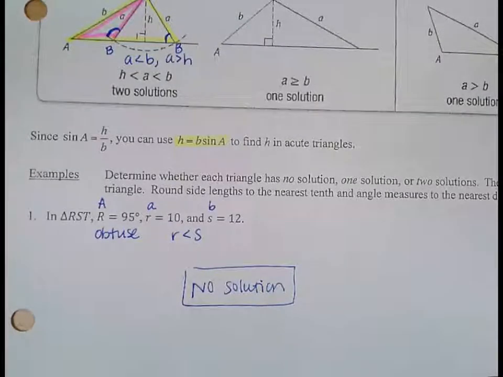It would be physically impossible with those 2 side lengths and that angle to create a triangle, right?